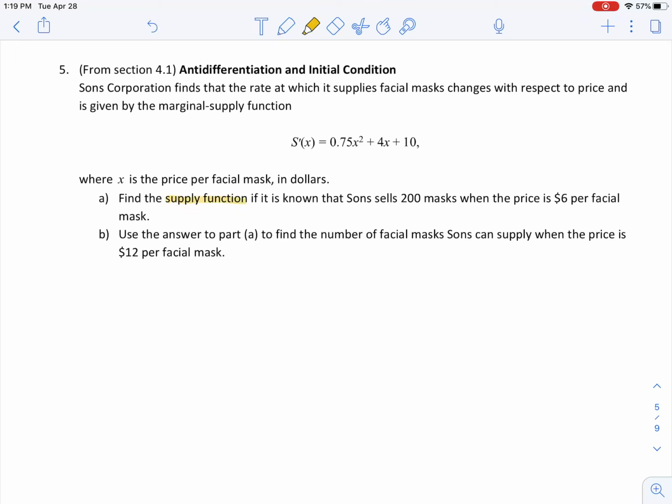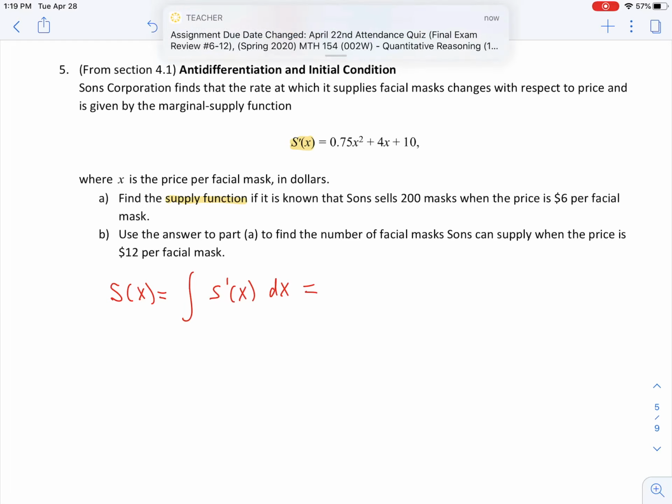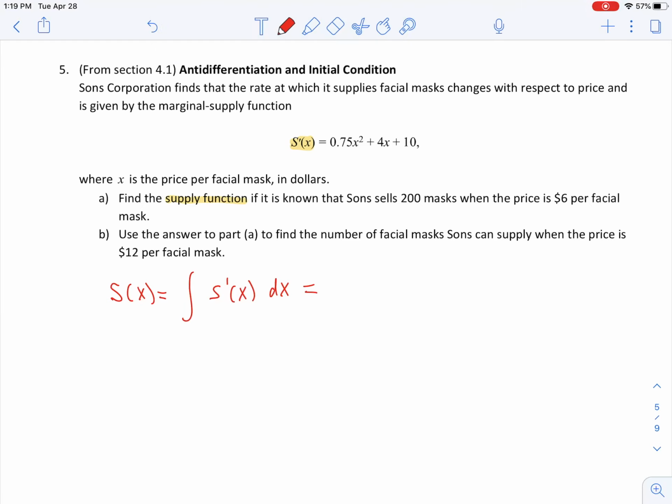Okay. A, find the supply function. Of course, they want you to find the supply function, S of x, by integrating the marginal supply function. Let's do that.